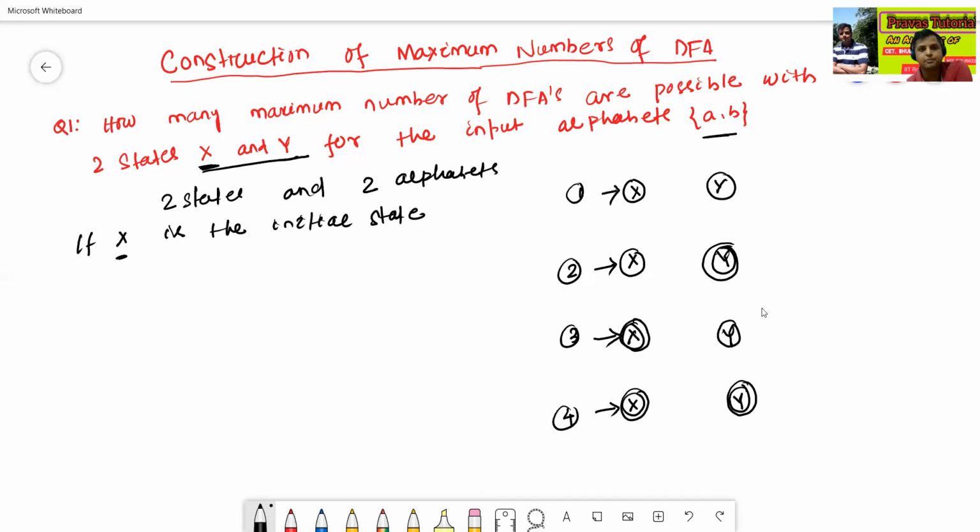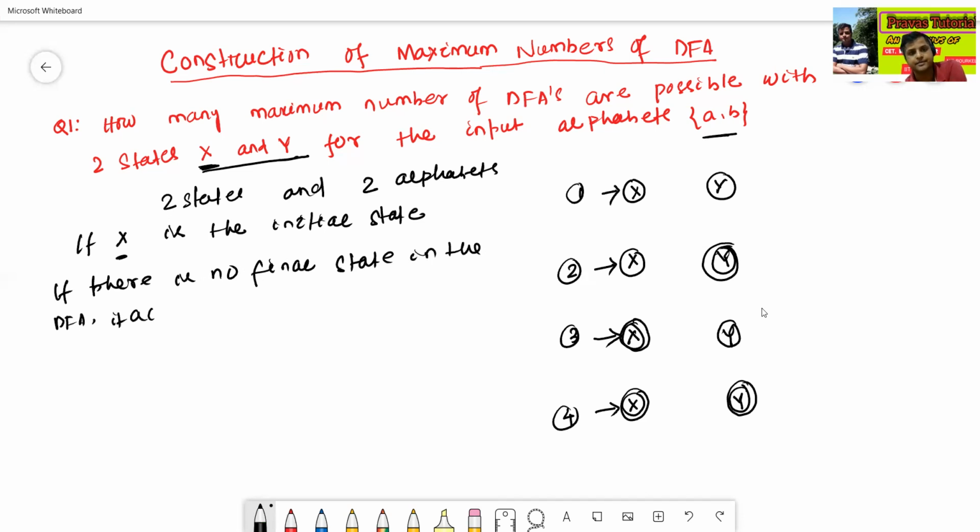We have already discussed that if there is no final state in the DFA, the DFA will accept the empty language.